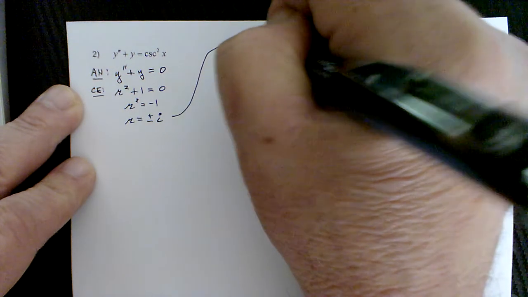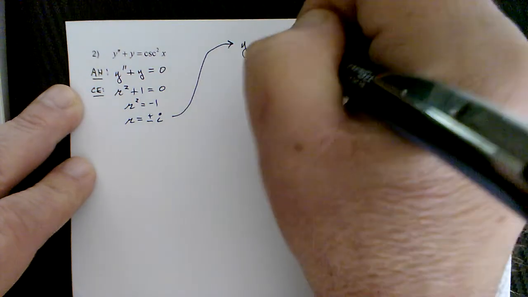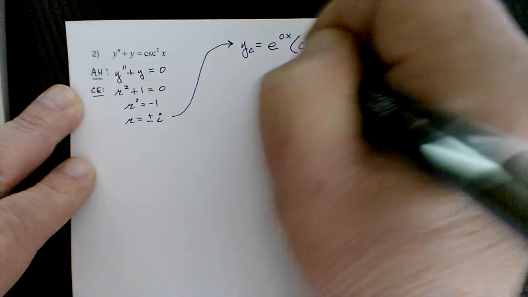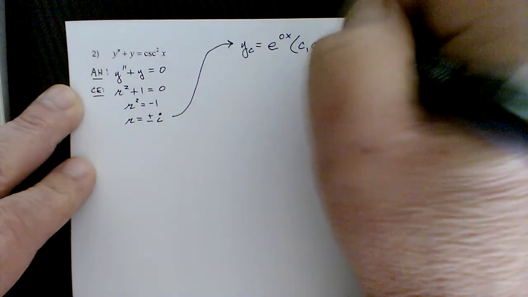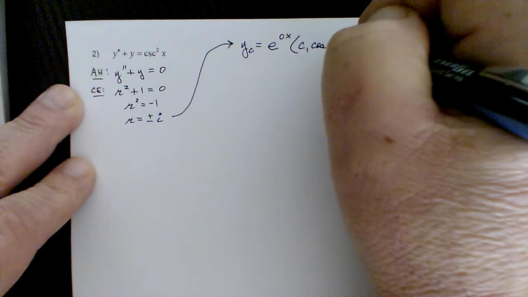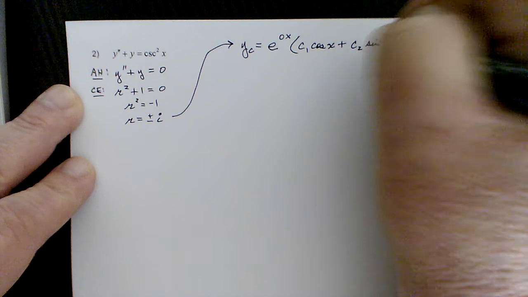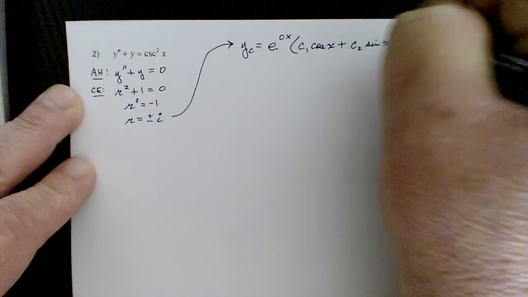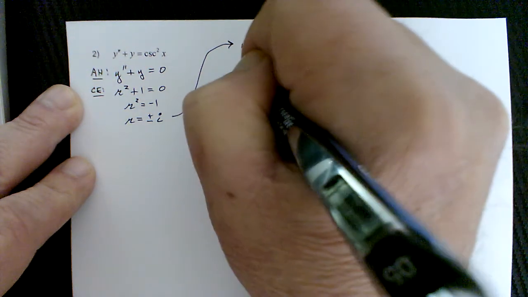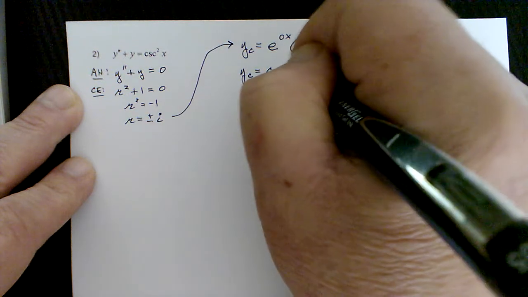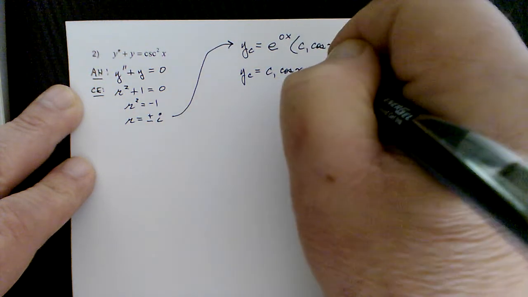So complex conjugate roots, e to the ax, or e to the 0x in this case, times the quantities c1 cosine bx. B is just 1, the coefficient of the i, so cosine 1x, or just cosine x. And then plus c2 sine of the same bx, so sine x. And obviously you're going to want to get rid of the e to the 0x, so just c1 cosine x plus c2 sine of x.